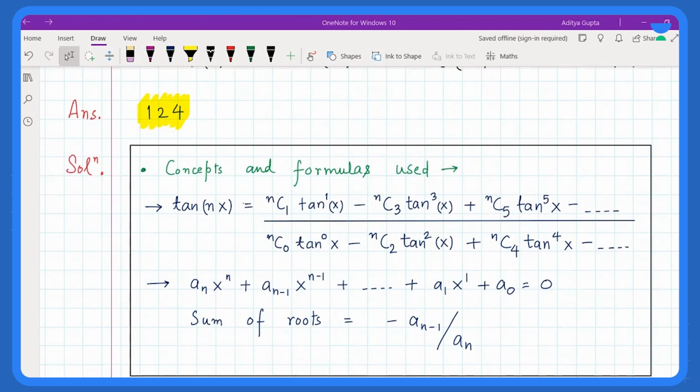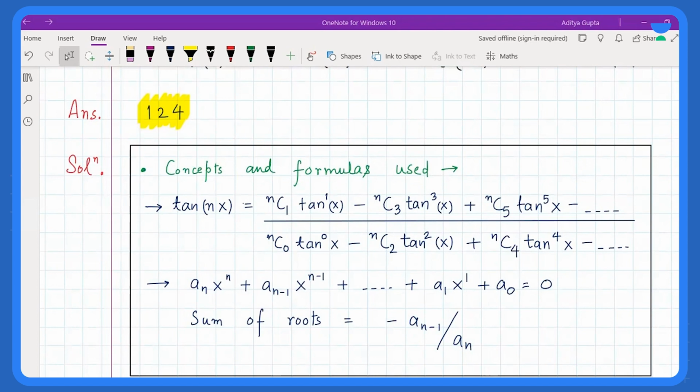It says nC1 into tan x minus nC3 tan cube x plus nC5 tan power 5 x minus, and this sum keeps on going until the nCr is defined. Defined means r should be less than or equal to n. If it goes more than that, then it is not defined, or you can say it becomes zero, right?